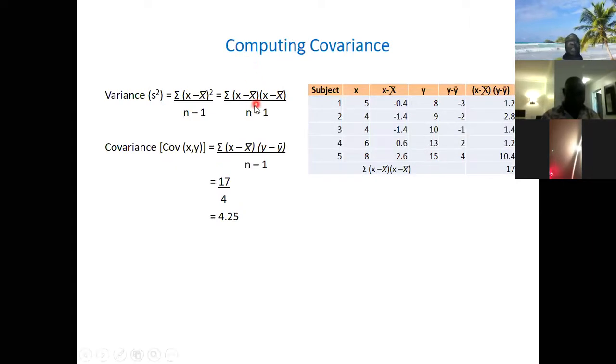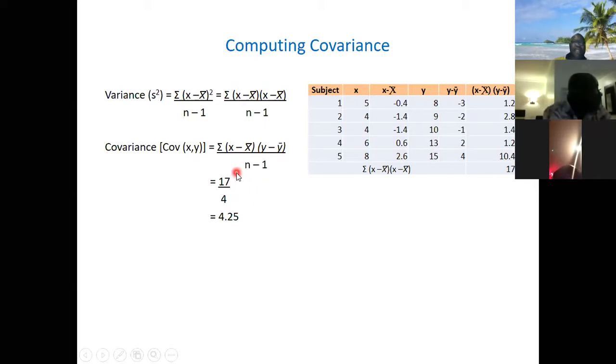In calculating the covariance, it will now be x minus x bar times y minus y bar. If you split x minus x bar squared, it just means x minus x bar times x minus x bar. So one of them will be for x, the other one will be for y in covariance.